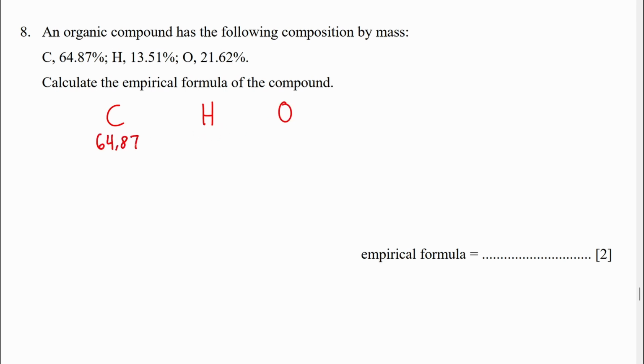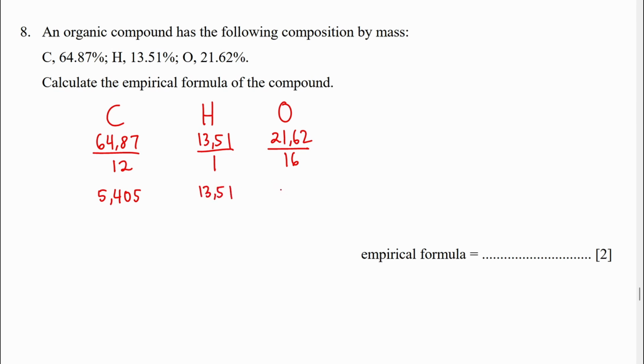And just put all the values of the percentage and divide by their relative atomic mass. So if you check the periodic table, the relative atomic mass of carbon is 12, hydrogen is 1, and oxygen is 16. So the division of 64.87 divided by 12 is 5.405. And any number divided by 1 is the number itself.